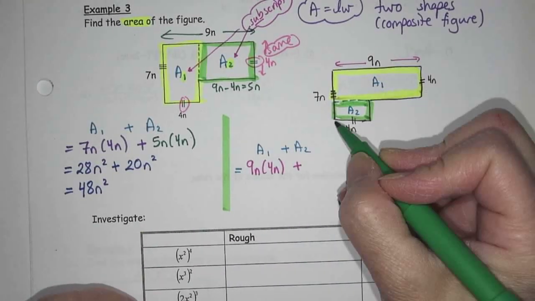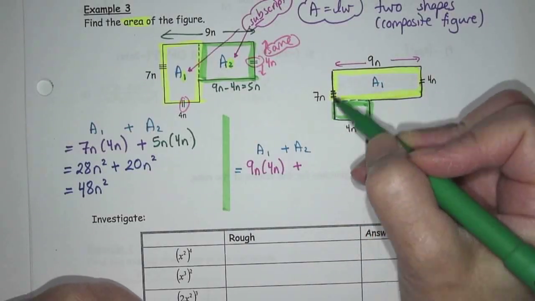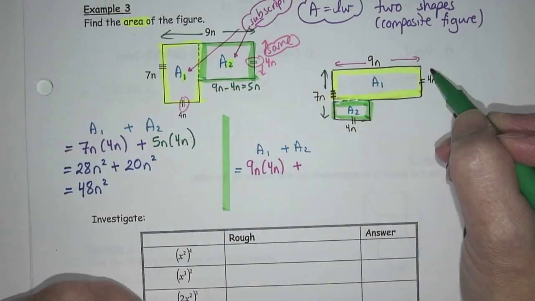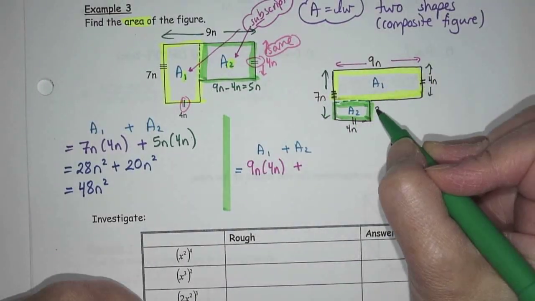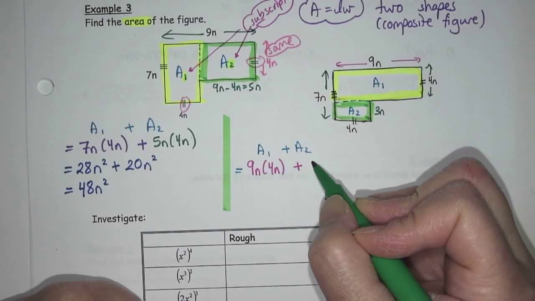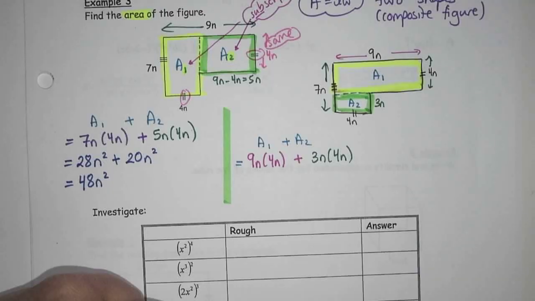So we've got 4n for this side. I need this short side here. So you go and look, this whole side here is 7, and this matching side is 4. 7 minus 4 would be 3n. So this would be 3n by 4n. Right, so we're just slicing bits off.